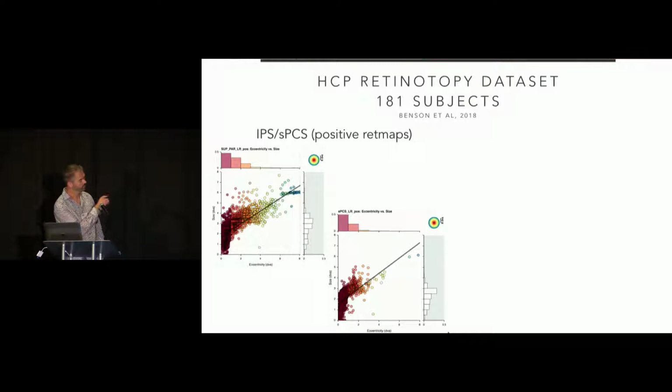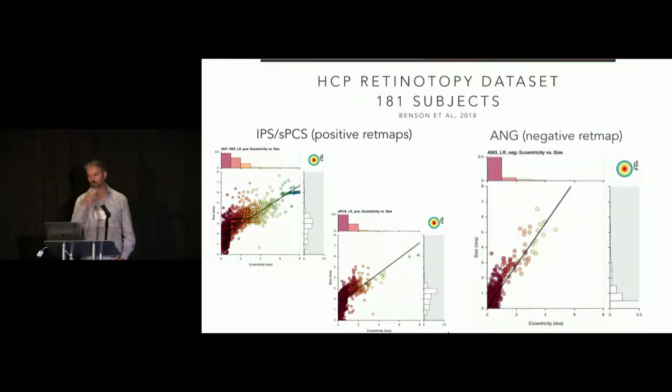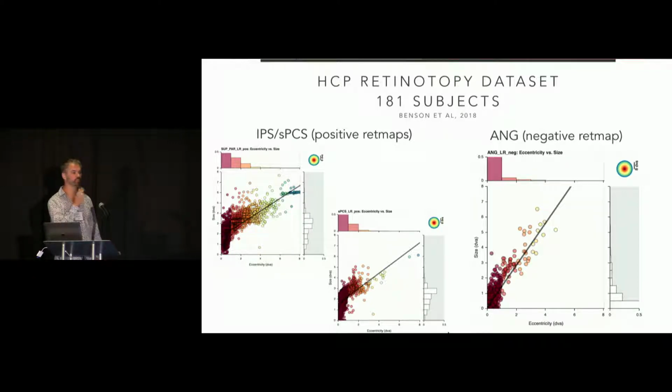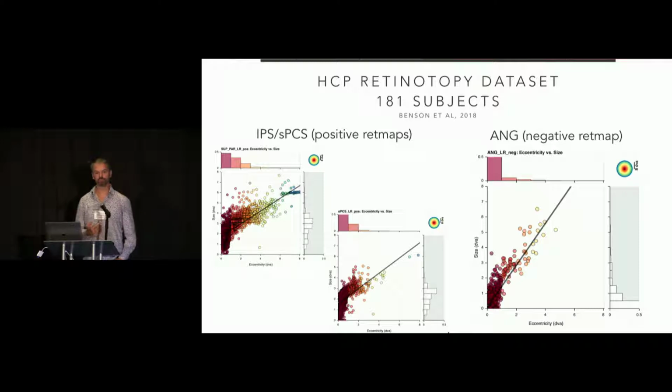So plotting here eccentricity on the x-axis and size on the y. This is for IPS on the left and what we might say is frontal eye field on the right. We can do the same analysis again for the angular gyrus region, and we find very similar eccentricity-size correlations. So these are two principles that hold for general visual field maps, and they seem to also hold for these default network regions.